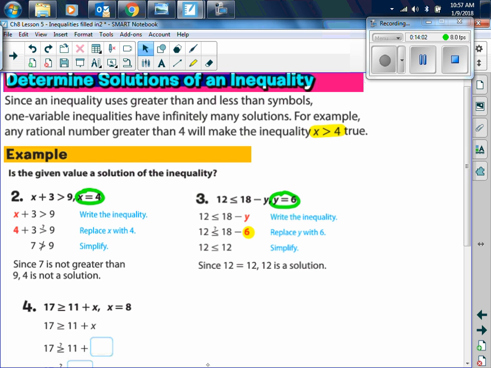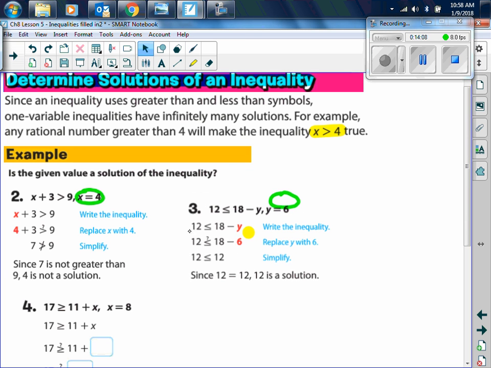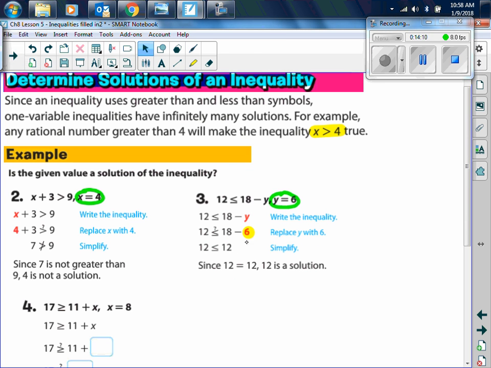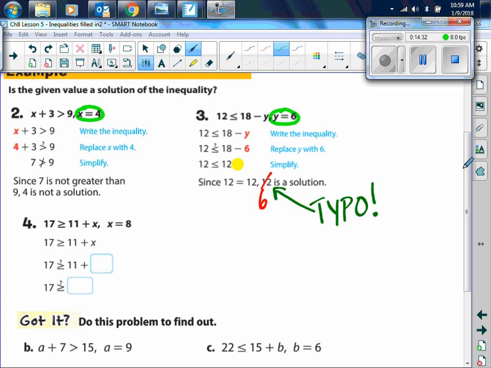Is this true or false? This is a true statement. So that tells me that 6 is a solution. Does everybody see this typo? This tells me that 6 is a solution. Is everybody clear?